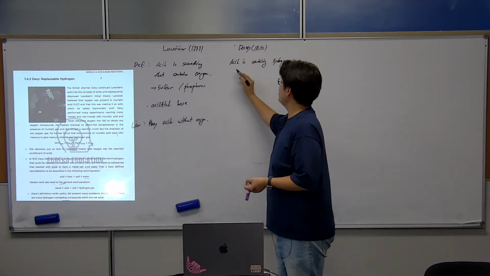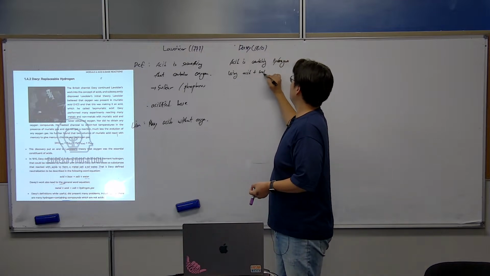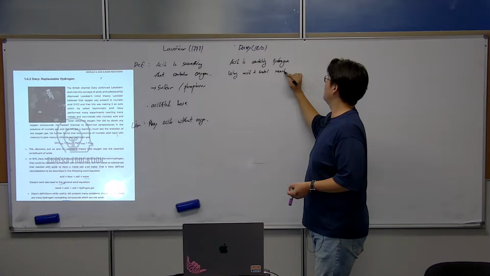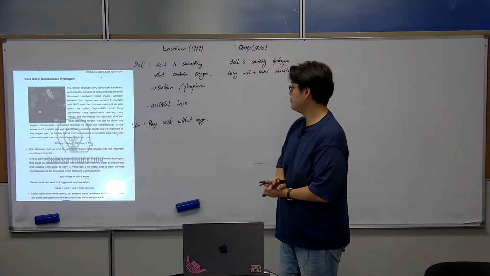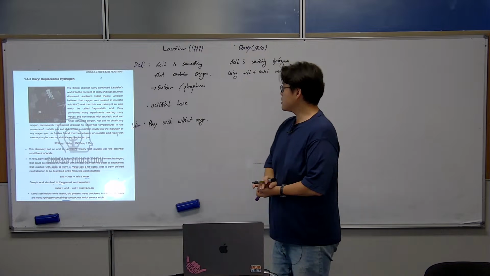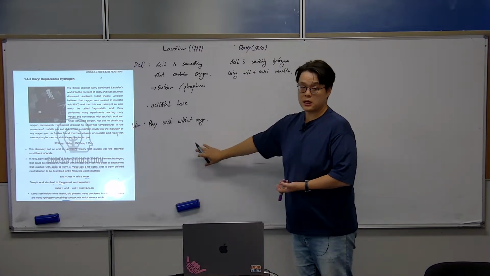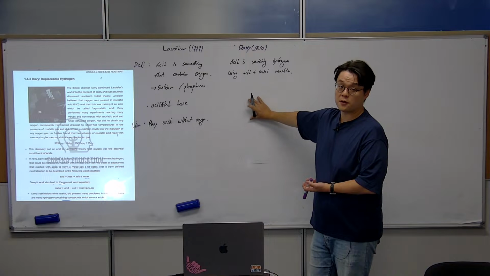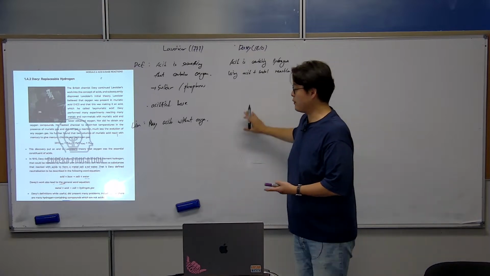So he used the acid and metal reaction. It's more developed than Lavoisier's definition, starting to talk about specific chemical reactions, which is more scientific, something we believe in now.